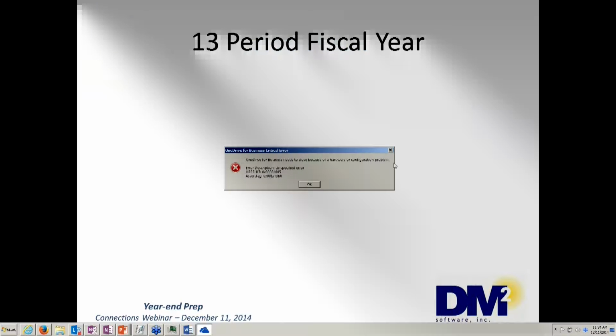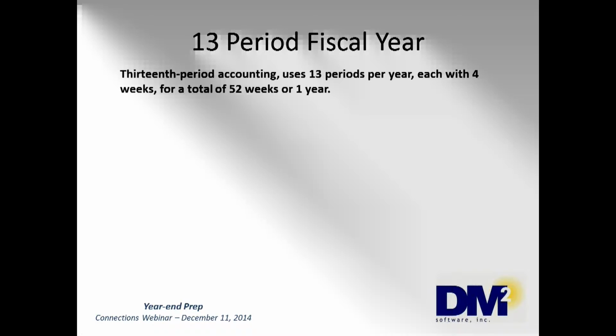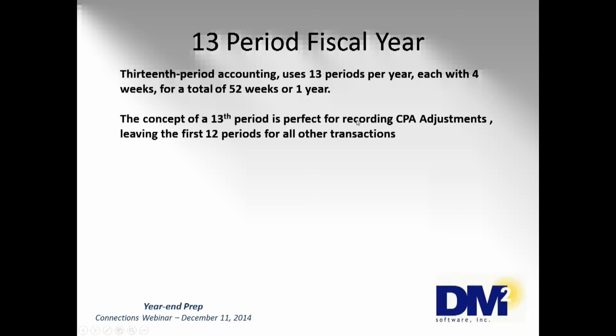I keep getting a message that keeps jumping up at me. You're still going to look at 52 weeks, but it really is the way that you set that up. The concept is perfect for recording these CPA adjustments, so you can segment those from all other adjustments that you may have. That gives you the ability to look at each month truly month to month, and have a true comparison, with the knowledge that those other GL adjustments are in the 13th period.